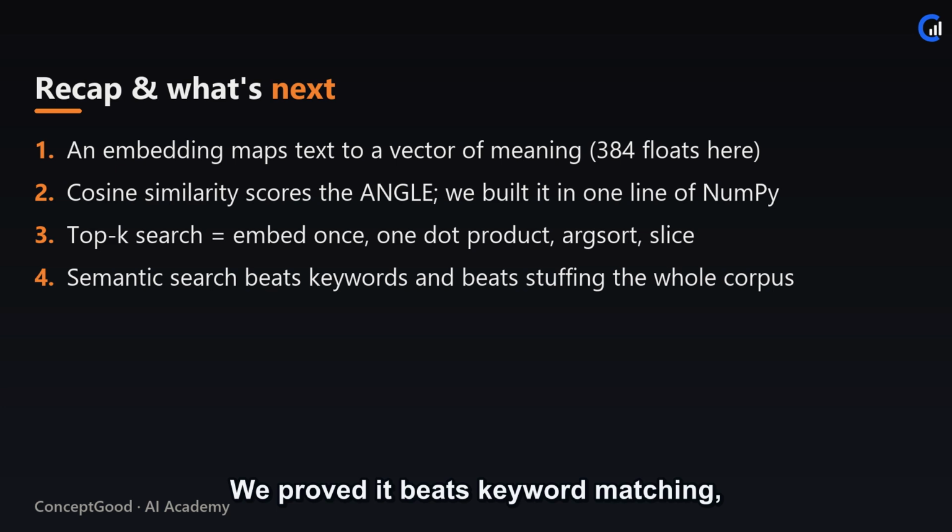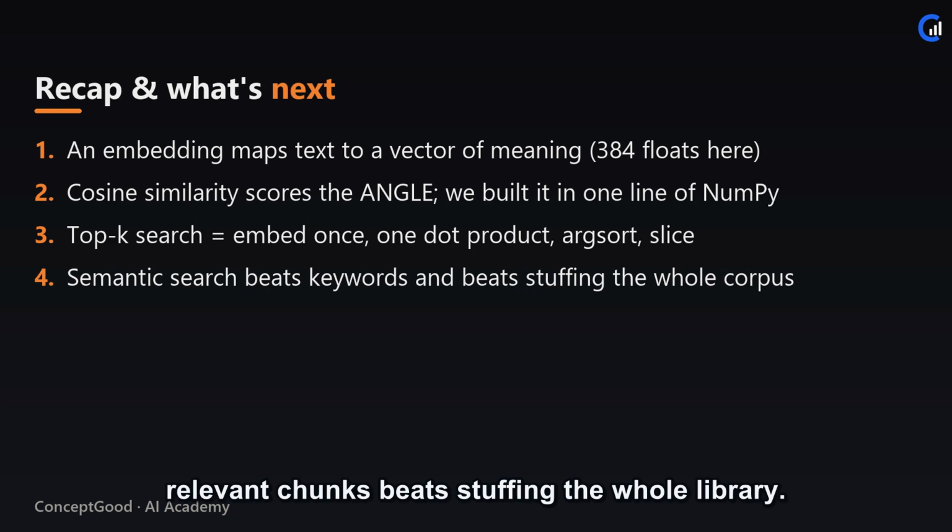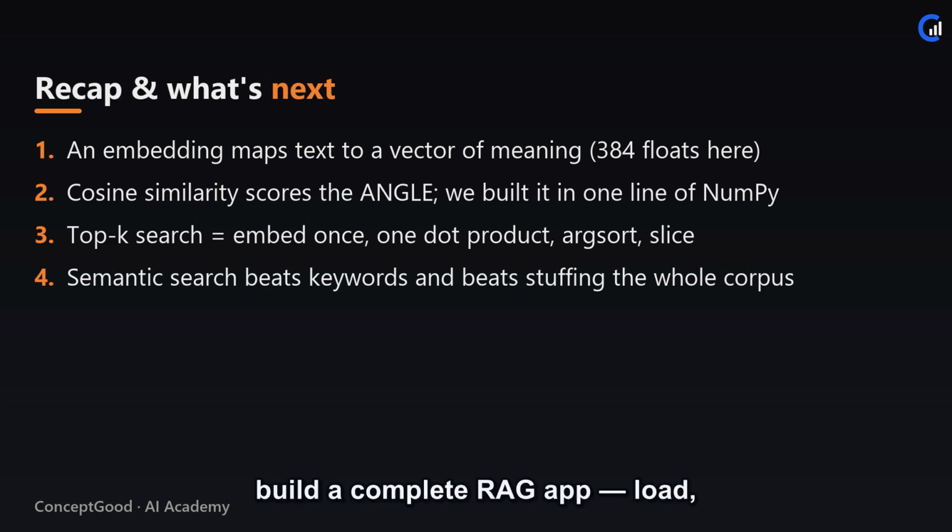We proved it beats keyword matching, and we saw why retrieving the few relevant chunks beats stuffing the whole library. Next episode we take this retriever and build a complete RAG app: load, split, embed, store, retrieve, and feed the result to the model so Atlas answers from your own documents.